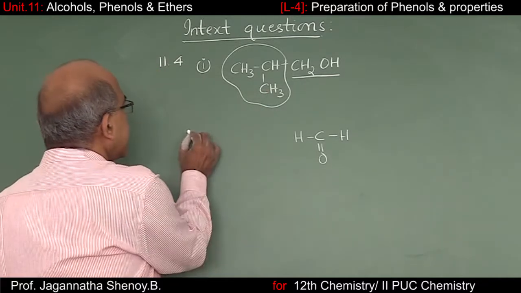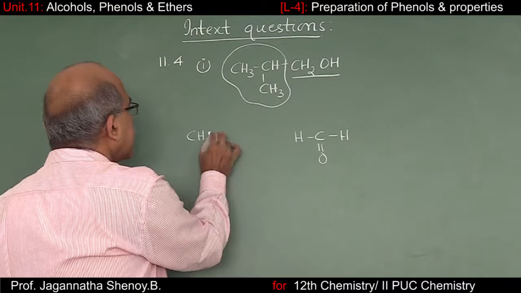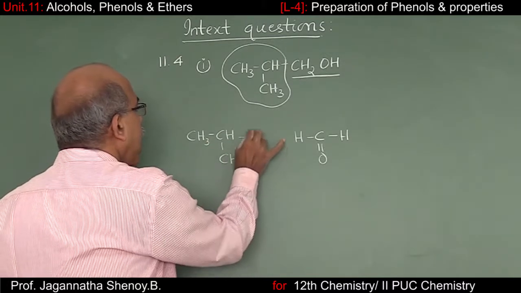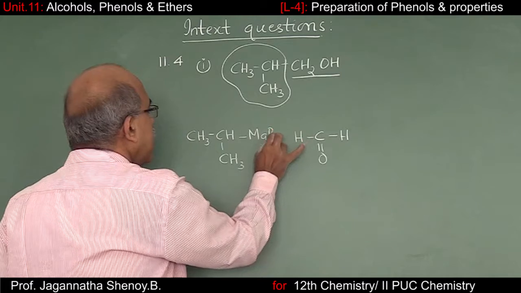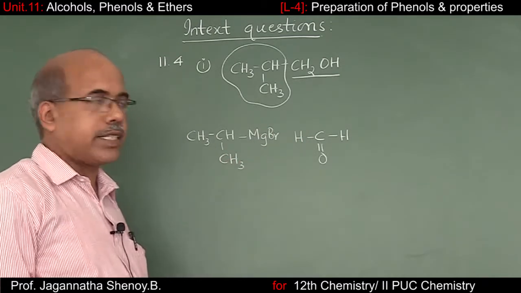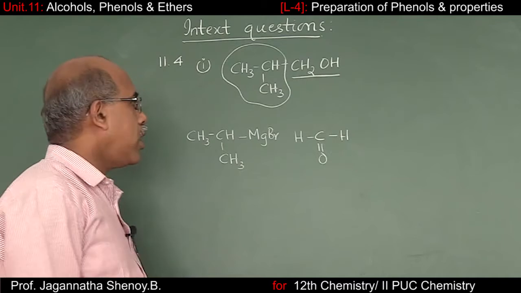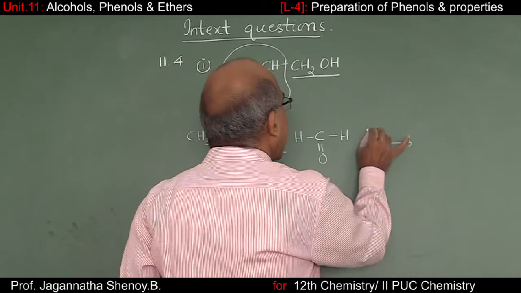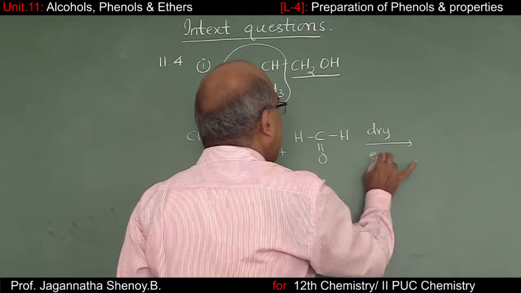So, if I consider a Grignard reagent like CH3, CH3, and then we have MgBr, imagine this is the starting Grignard reagent. I'll treat it with formaldehyde. So try writing the equation for the reaction in the presence of dry ether.